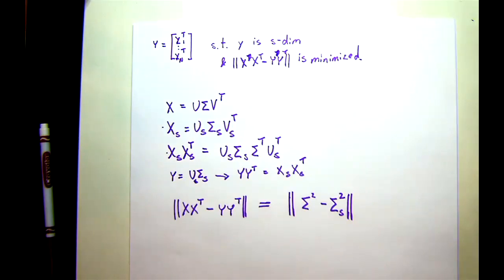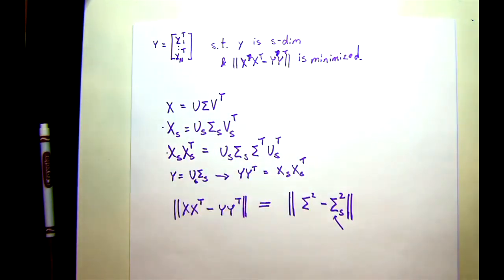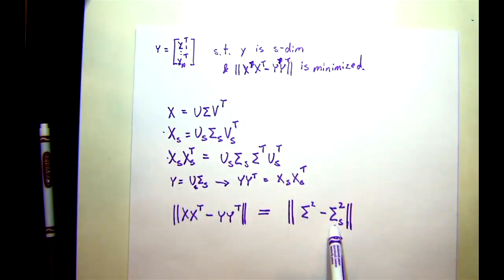So why do we know that this is the smallest distance that we can get? Well, we know that these are scaled versions of the eigenvalues. The eigenvalues are arranged from the largest to the smallest. So if you want to get the smallest amount of error between this and this, you drop the smallest elements.